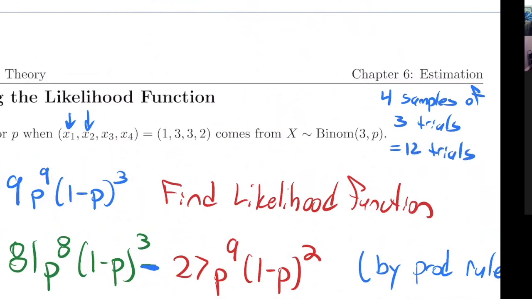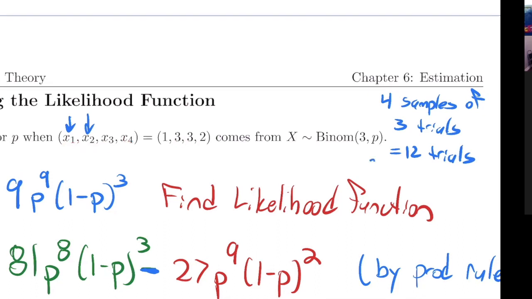Essentially what we did here is run 12 trials of this event, since each one of these says we did 3 trials and counts how many were successes. Out of these 12 trials, we had 9 successes. So it makes sense that our estimate was 9 out of 12, the 3/4.